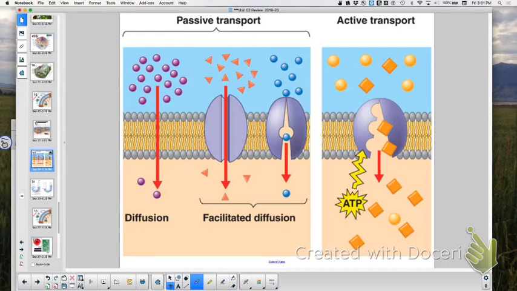Okay, and that is going to take some energy. On the passive, if you just go through the phospholipid bilayer, that's straight up diffusion. But if you use a channel or a carrier, and you're going with the concentration gradient, then we call it what? Facilitated diffusion. Okay, good.